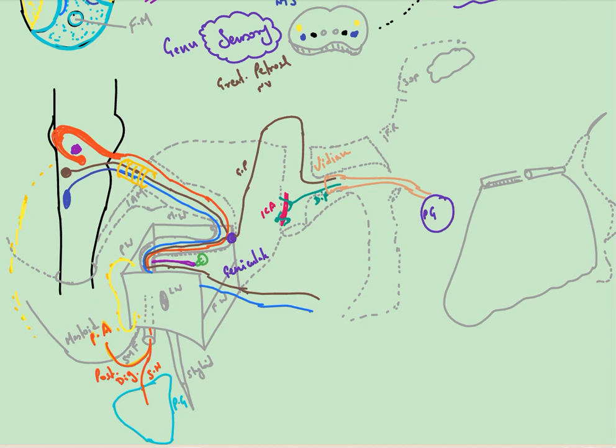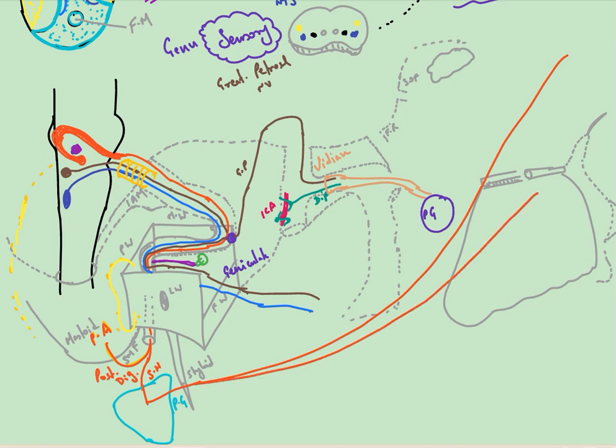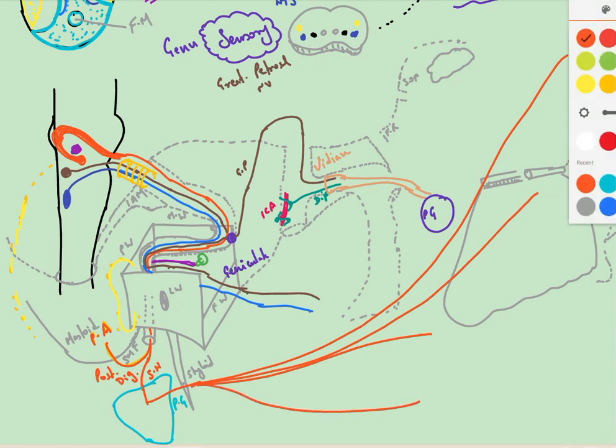One branch will be called the temporal branch. One branch will be called the zygomatic branch. One branch will be called the buccal branch. One branch will be called the marginal mandibular branch, because here the mandible will also be coming.